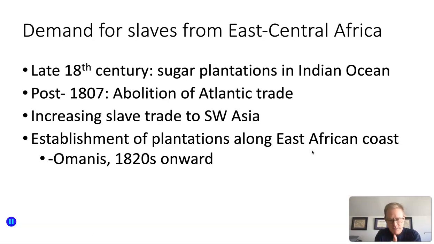As Reid does pretty well in the book, showing you the impact of that, the fact that this comes when it does in the 19th century means it's also going to be different than West Africa, because the 19th century is going to be a time of significant firearm imports, which means we're going to see militarization of societies in East Africa, and not just states as we saw in West Africa, but basically armed gangs, militias, and so on.